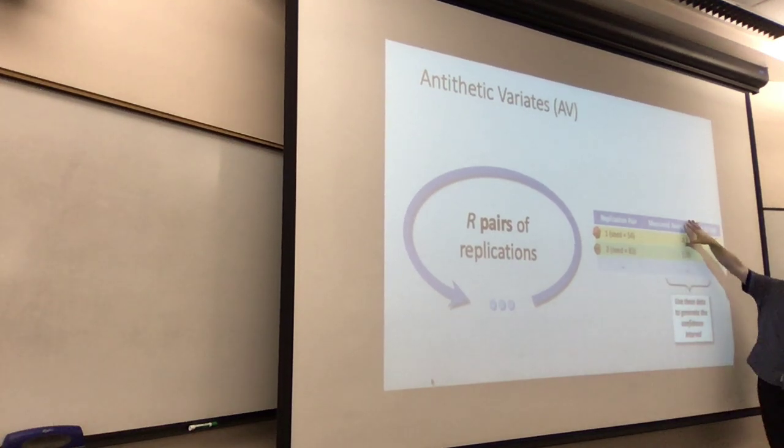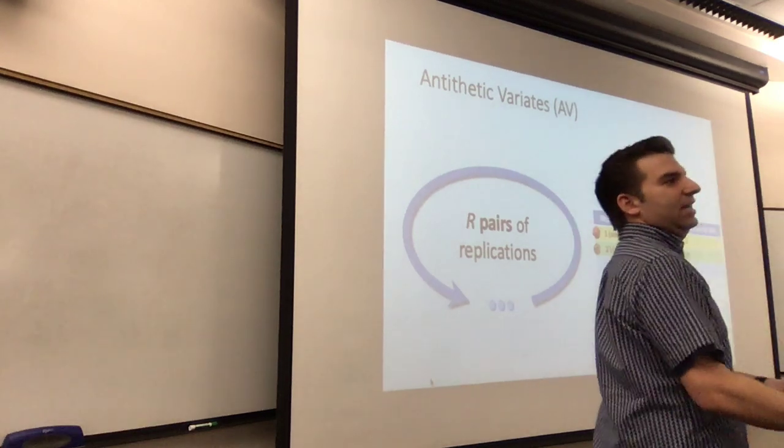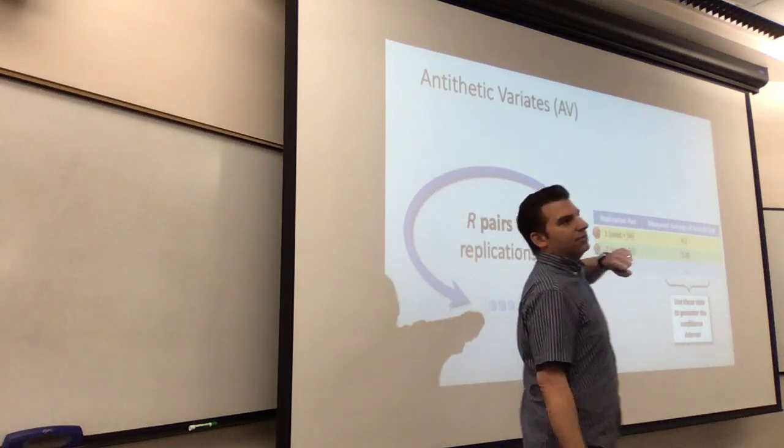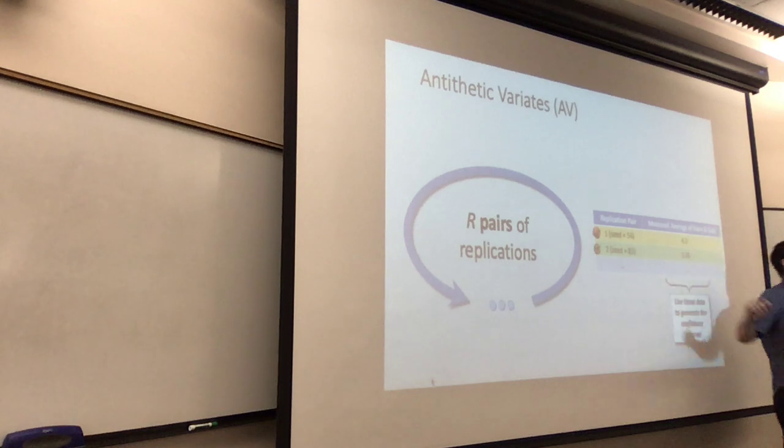Then again, I can calculate a confidence interval here, and that gives me a confidence interval on the absolute estimate of performance for the one simulation. So if I think that this simulation model should give me an average wait time of 5 minutes per customer, then I look down through here, and if 5 minutes per customer is not in this confidence interval, then this sim probably needs to be calibrated, adjusted, or fixed, because it is not producing the 5 minutes that I'm expecting from the real system.